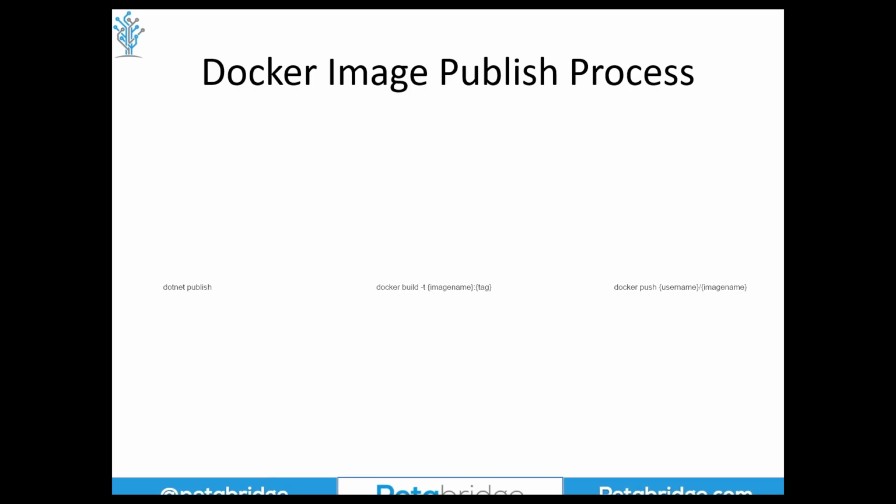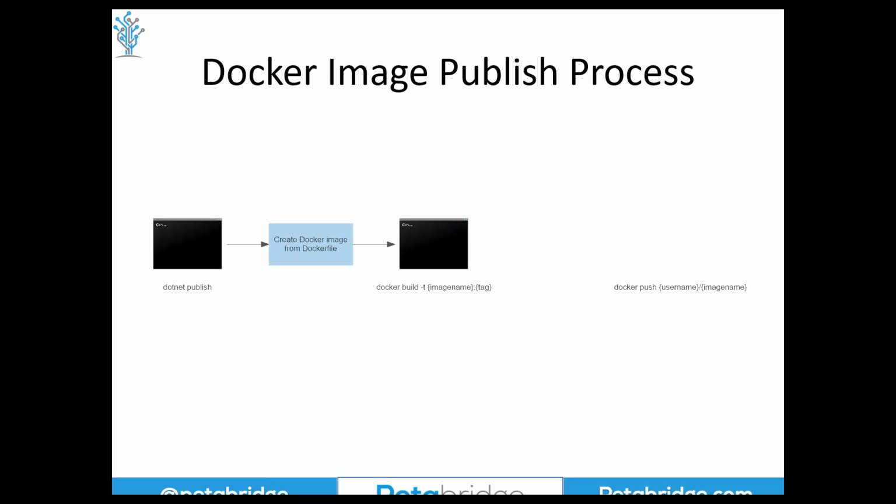Now, the entire process for publishing a Docker image with .NET Core usually begins with a dotnet publish command to get all the content for our application into a single folder. We then create an image from the Dockerfile we created earlier, run the Docker build command, and tag that image with a name and a specific tag.